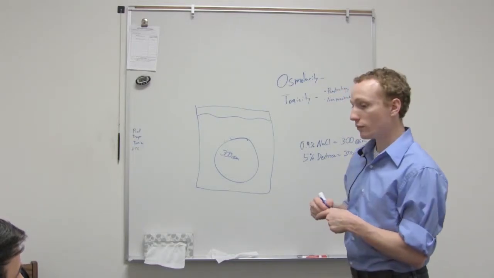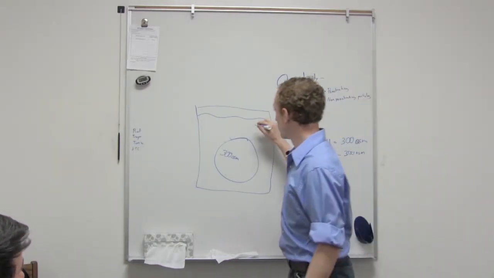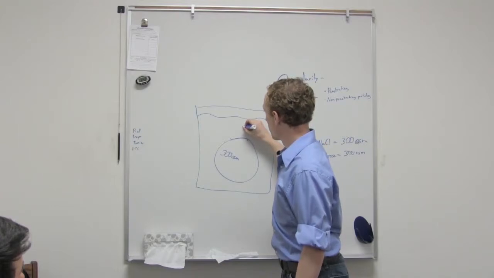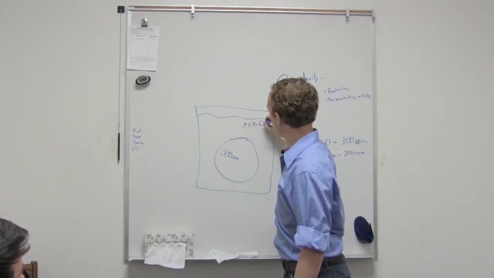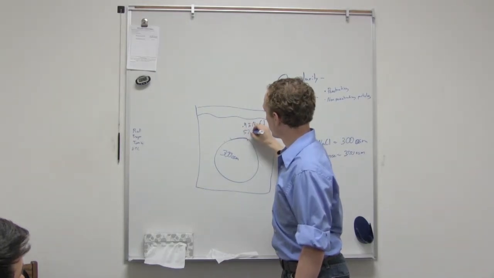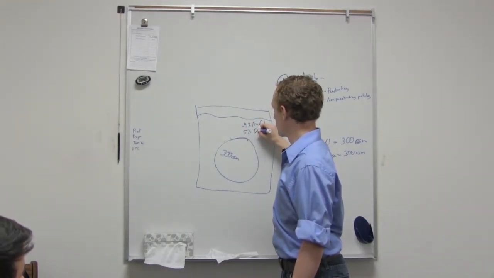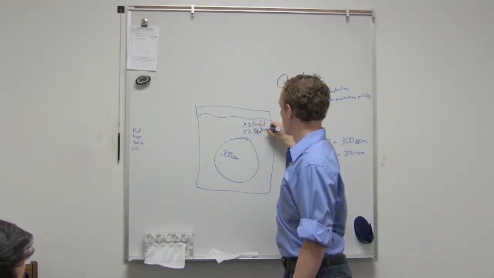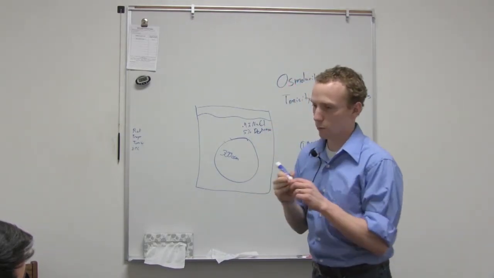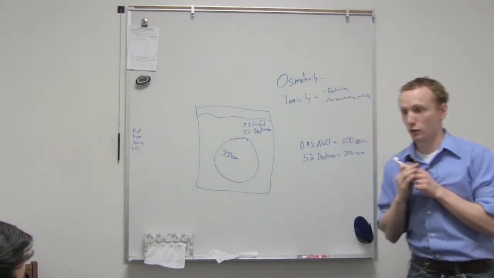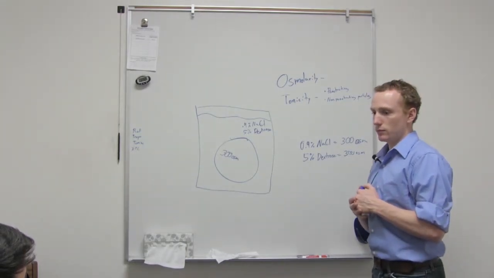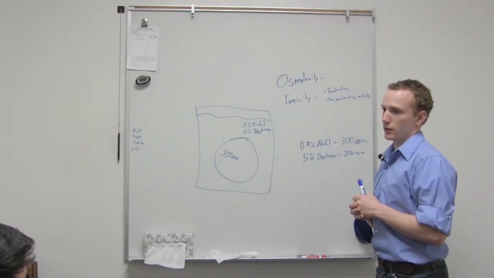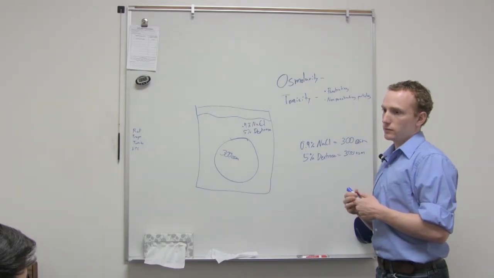Either way, it's bad. If I put this cell in a 0.9% NaCl and 5% dextrose solution, what is going to be the osmolarity of the solution and the tonicity?